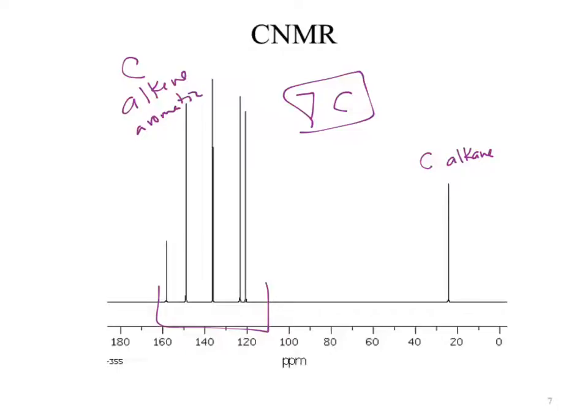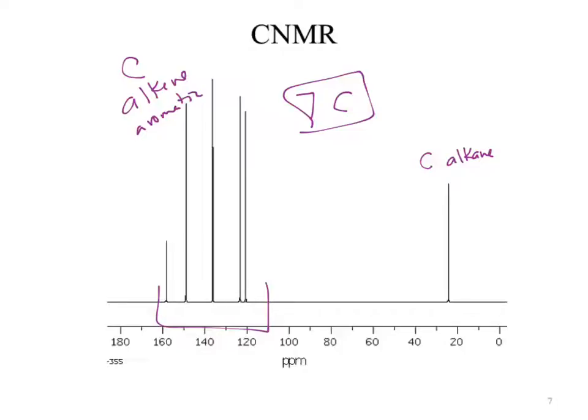That's all I expect you to get. So by knowing where the signal shows up, that gives us information about that type of carbon. The one showing up about 20 only happens for carbons that are all singly bonded. There's an alkane. The ones that show up between 120 and 160 are all typically due to carbons that are doubly bonded. Not guaranteed, but pretty darn close.